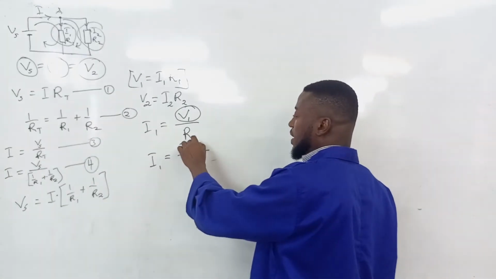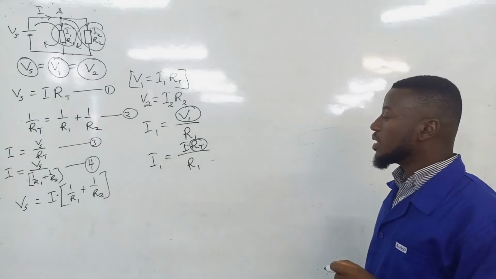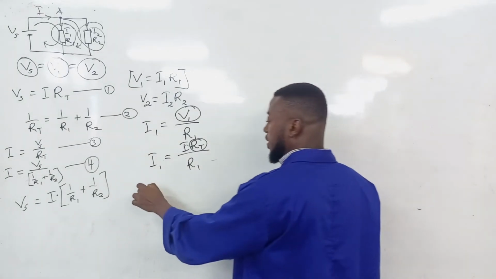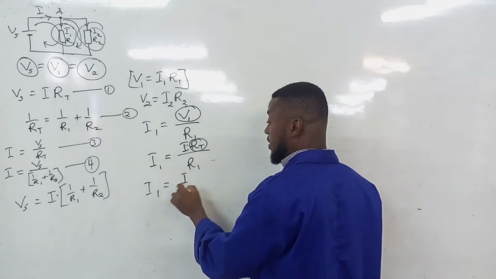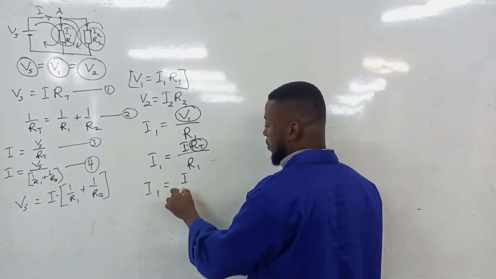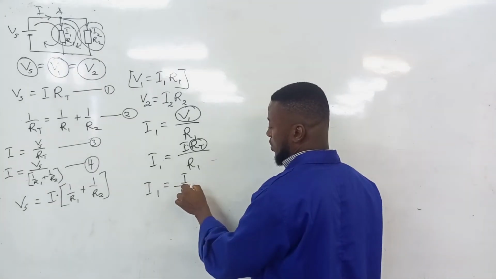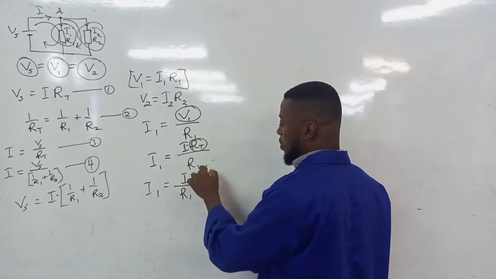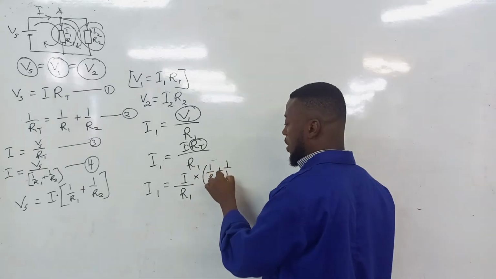Let's not forget that RT is also 1 on R1 plus 1 on R2. So we say I1 is equal to I on R1 times 1 on R1 plus 1 on R2.